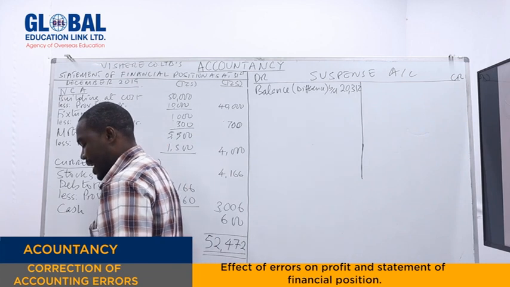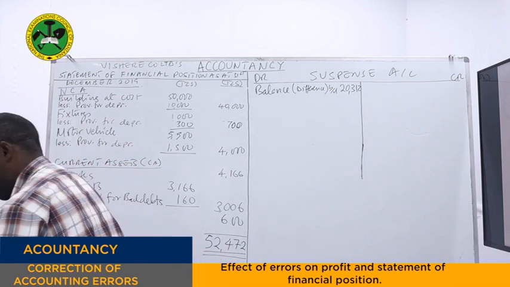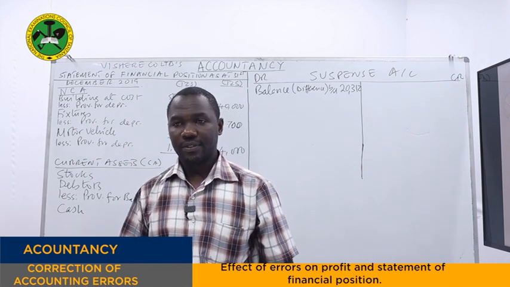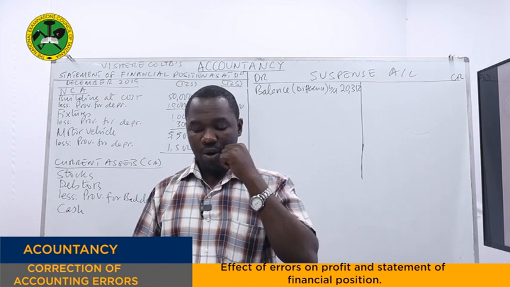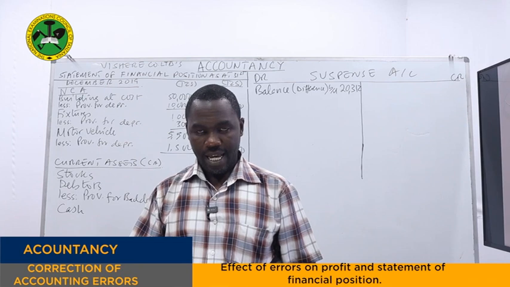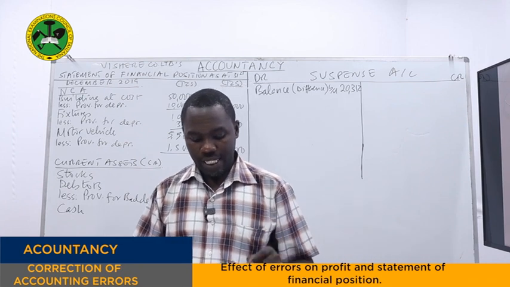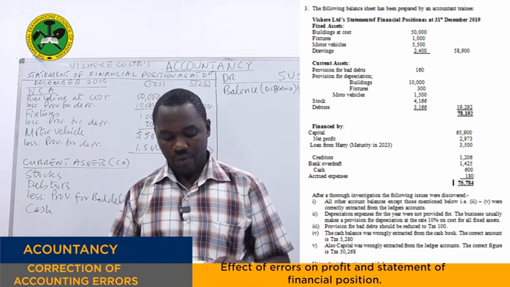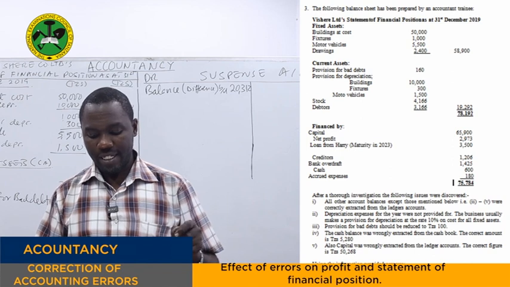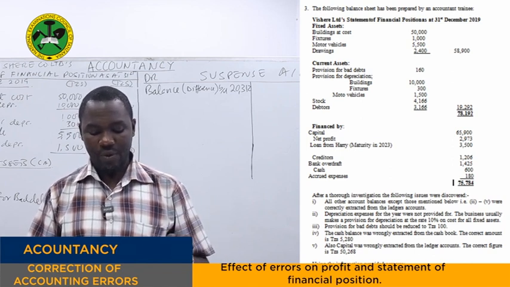So we need to go back again to our question to see how we can now come to the correction of these errors. We are told that in Roman 1, all other account balances except those mentioned in Roman 2 to 5 were correctly extracted from the ledger accounts.